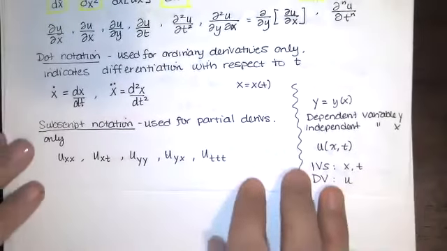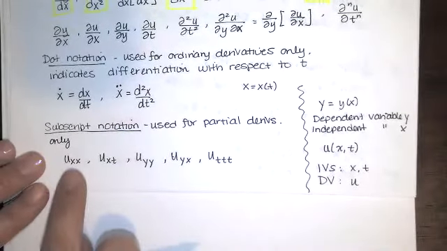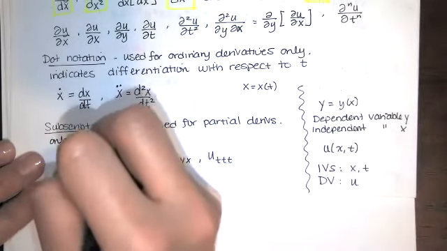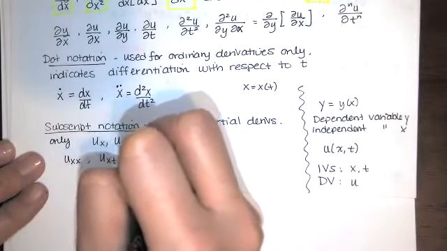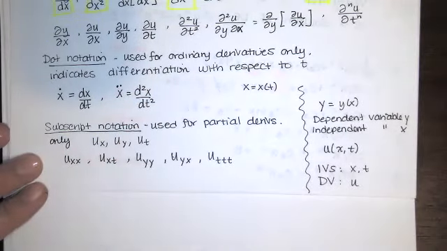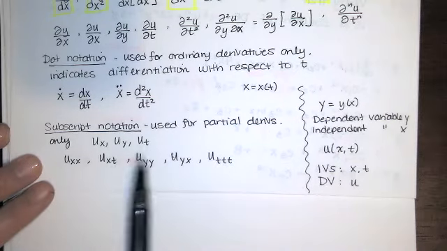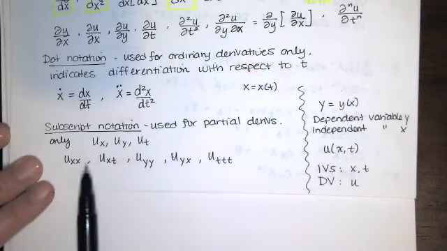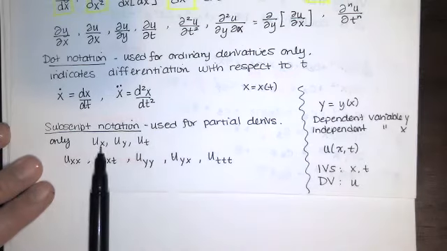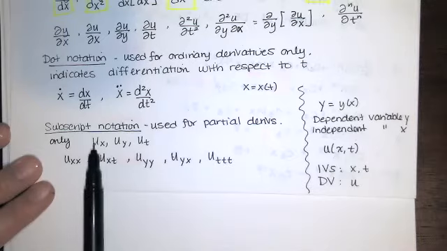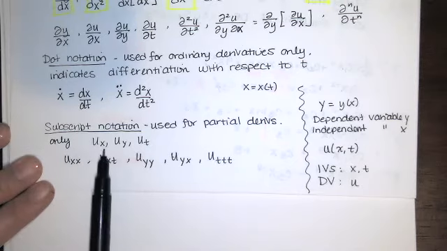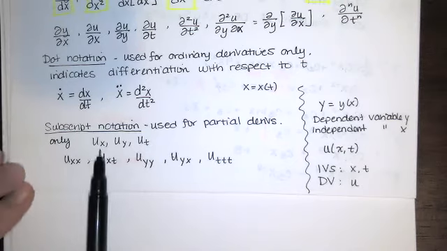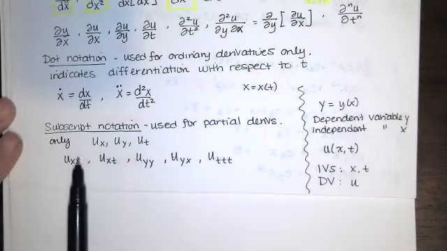Those all indicate partial derivatives. I guess I should start with u sub x, u sub y, and u sub t, the partials of u with respect to x, y, and t. I'm just using x, y, and t because u usually depends on x or y or t when you study partial differential equations. Now this is the first partial of u with respect to x. We're taking the derivative with respect to x and we're treating all the other variables as constants.